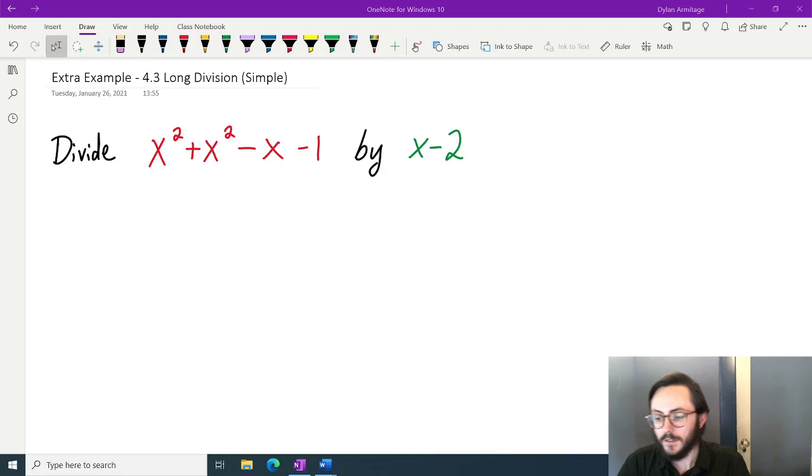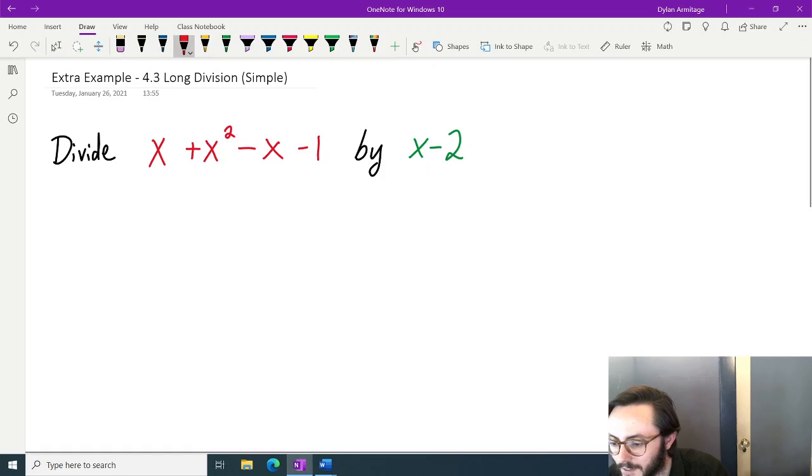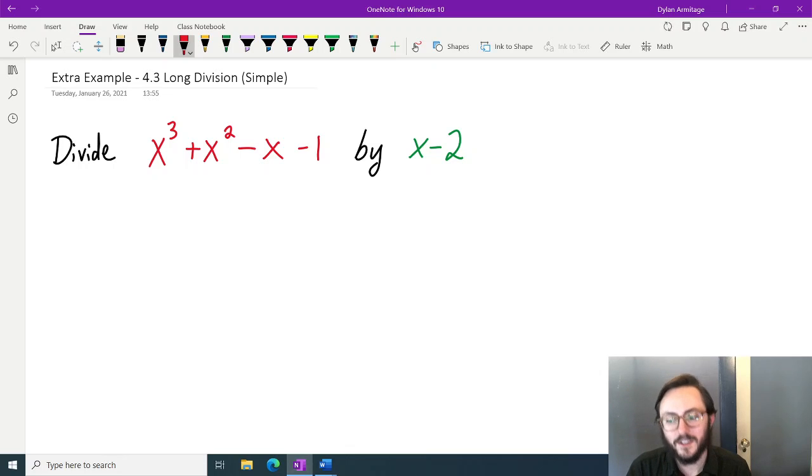Okay. So we are dividing x cubed plus x squared minus x minus 1 by x minus 2.